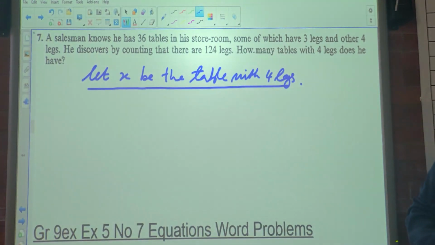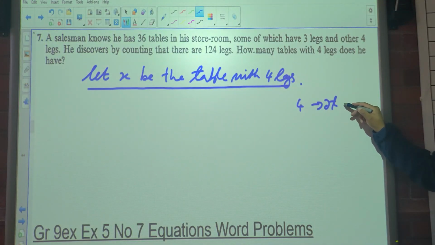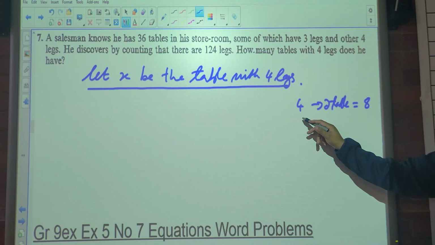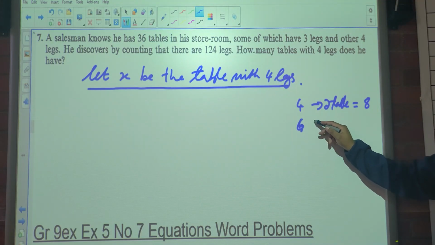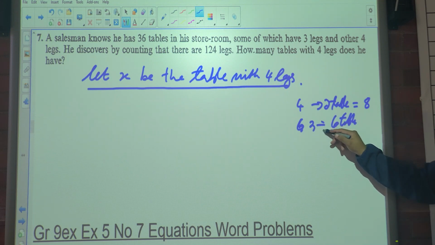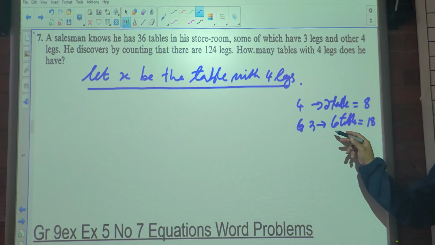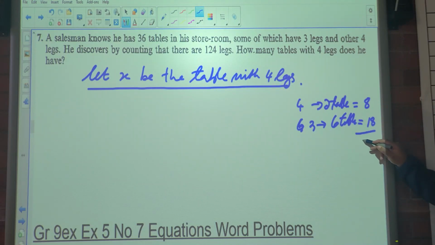So if we add 2 tables with 4 legs, then how many legs does it have altogether? 8. If we had 6 tables with 3 legs, and he has 18. 6 times 3 means, no? And in total they have 26 legs. Okay, that's basically how they work it out.